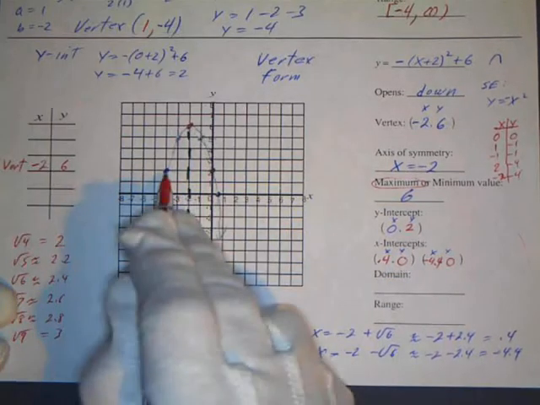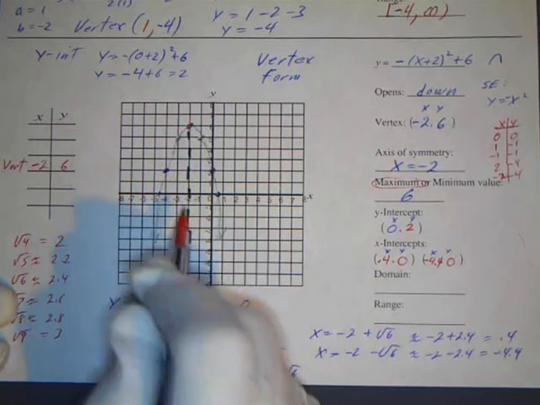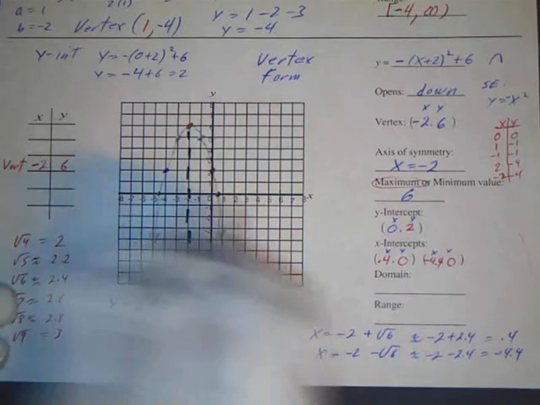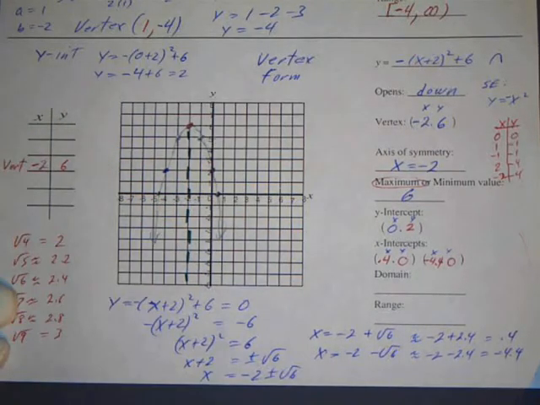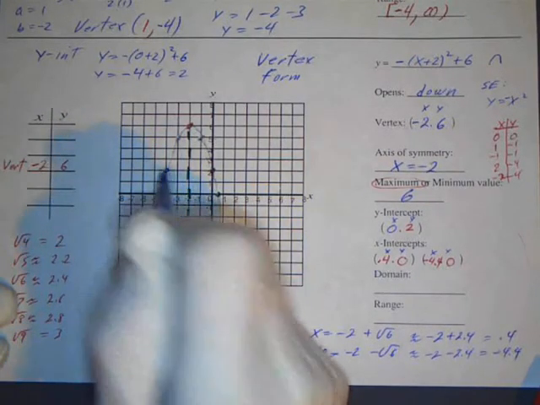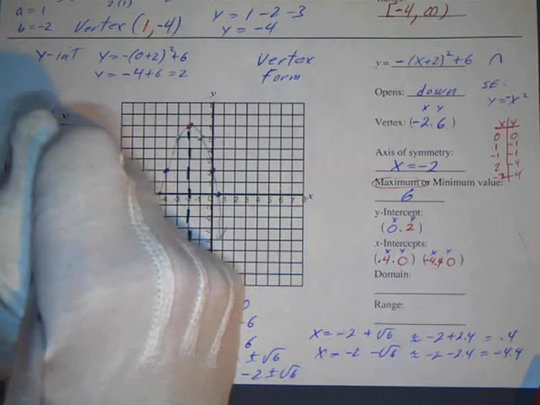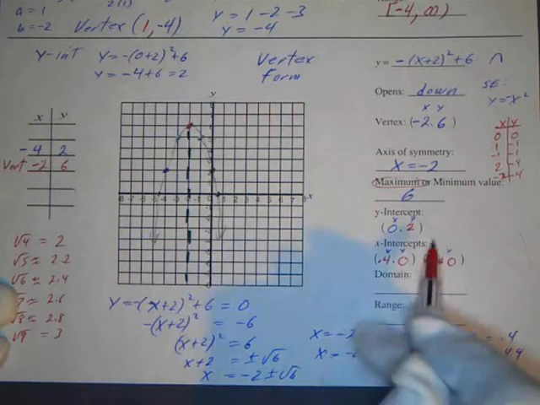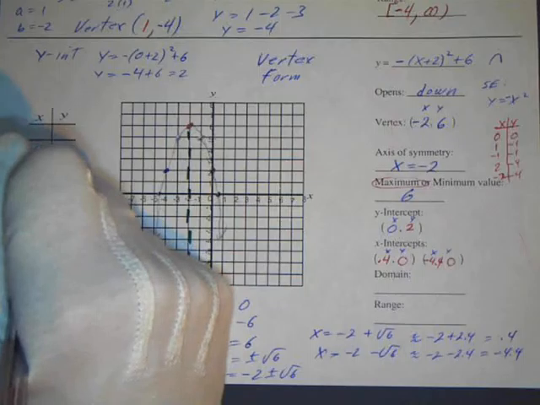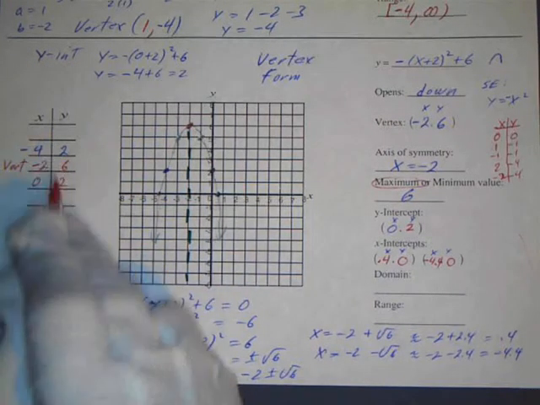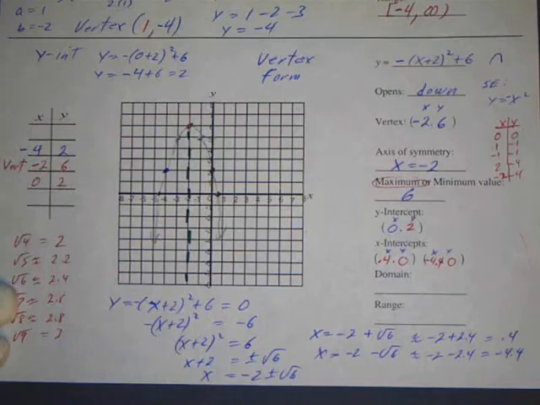And I had this other point over here, the symmetrical point, which was -4. So I could write that symmetrical point, which is -4, 2. And then I had the point 0, 2, which is my y-intercept. Okay, and you can see how these are going symmetrical.